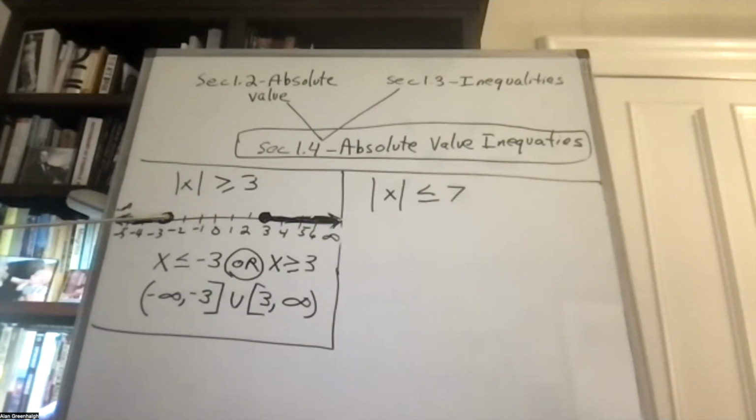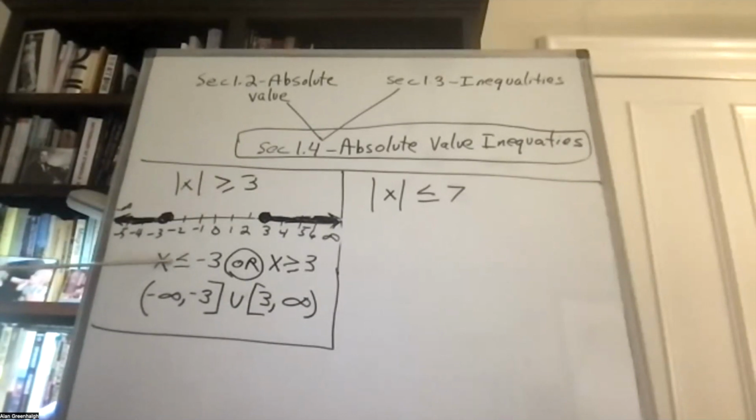Nothing is greater than or equal to 3 unless we go all the way over here to -3. The absolute value of -3 is 3, which is certainly equal to 3, -4, which is certainly greater than 3, and so on. So the solution is everything going in this direction, starting at -3, and everything going in the other direction, starting with +3.